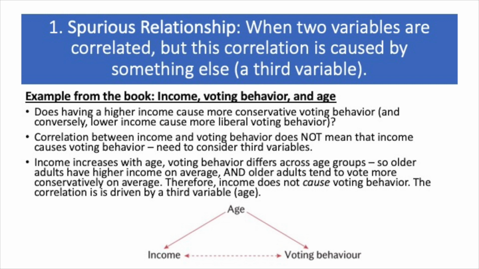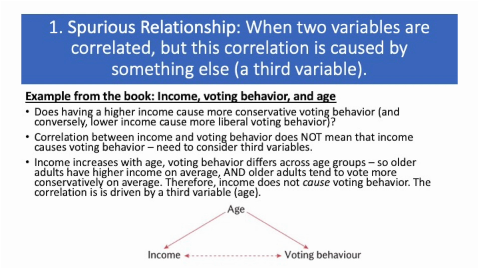So if we consider age in our analysis, right, because age is associated with income and age is also associated with voting behavior, we might find that the correlation between income and voting behavior is actually a false one. The only reason we're seeing this correlation is because of the real relationship between age and income and the real relationship between age and voting behavior.